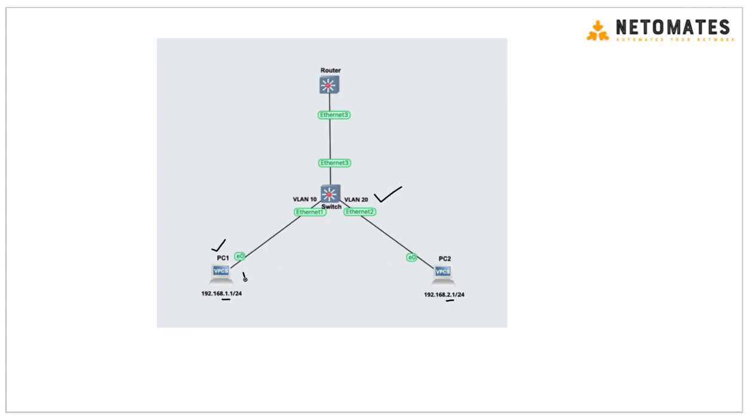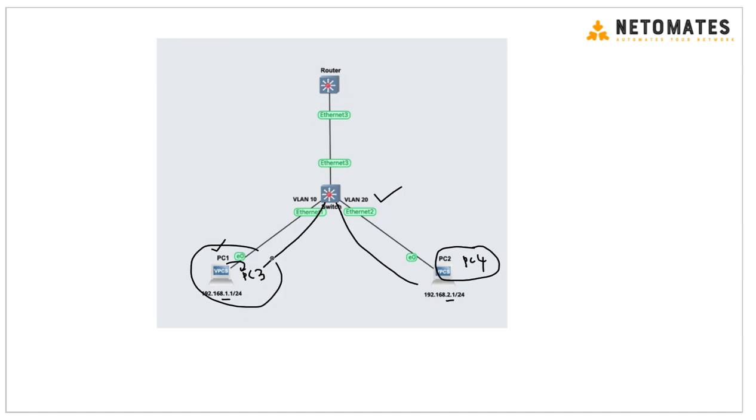Suppose we have PC3 in the same subnet as 192.168.1.1; we connect it to VLAN 10 so that broadcast frames like ARP requests will only reach the devices in the same network. Similarly, if you want to connect more devices, for example PC4, you do the same thing. You take another interface and assign VLAN ID 20 so that these two PCs will be part of the same logical switch, meaning the same broadcast domain.